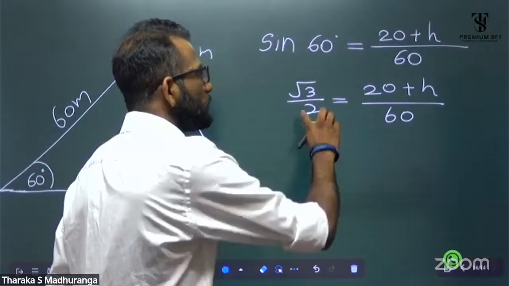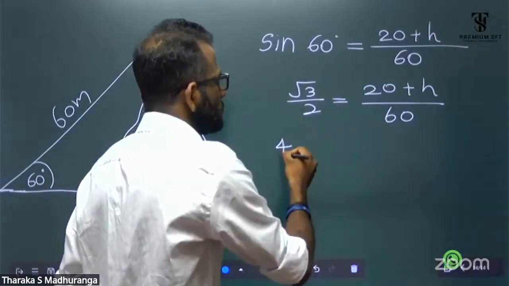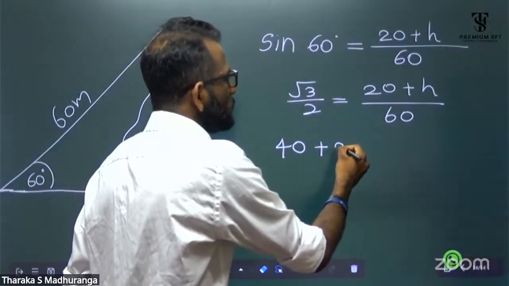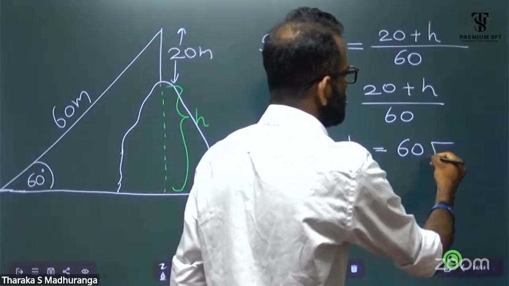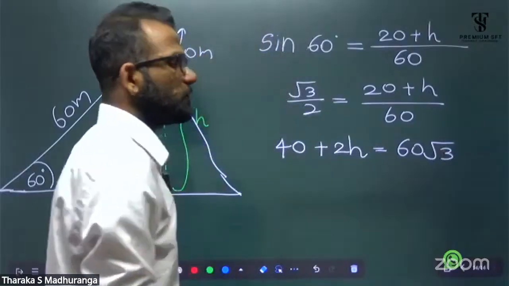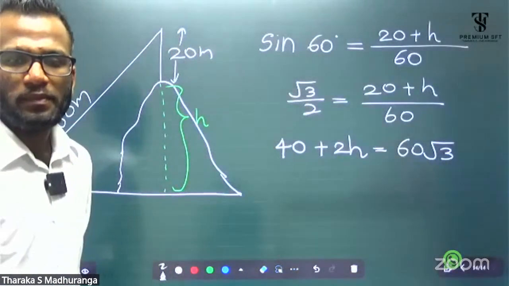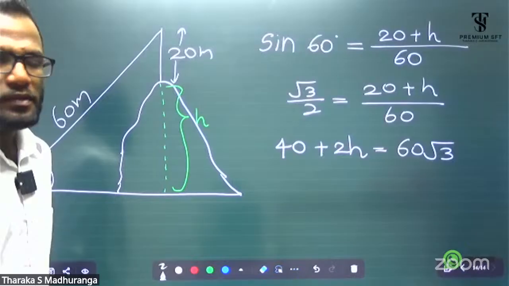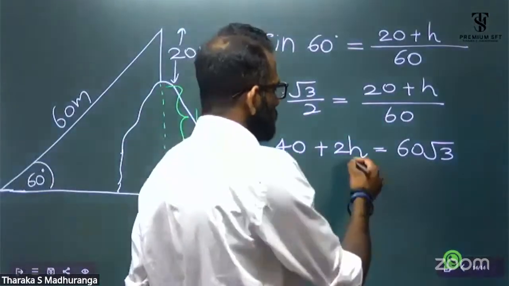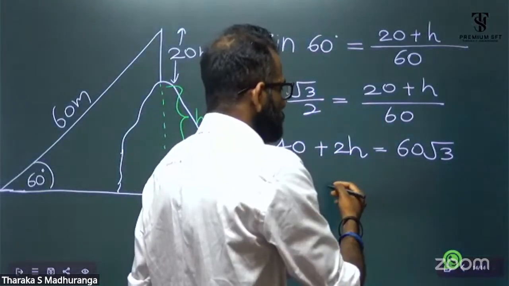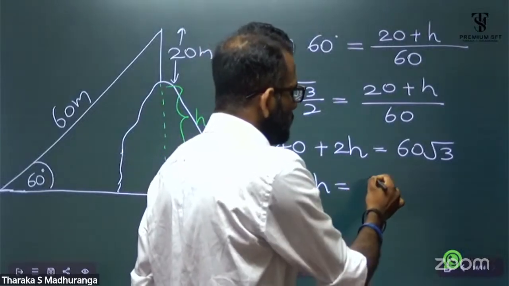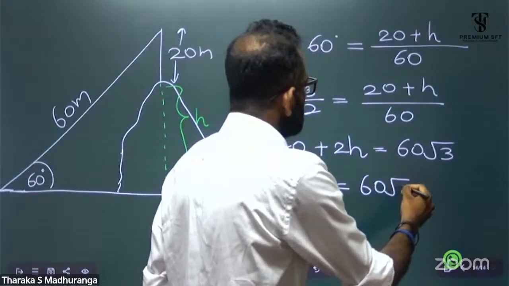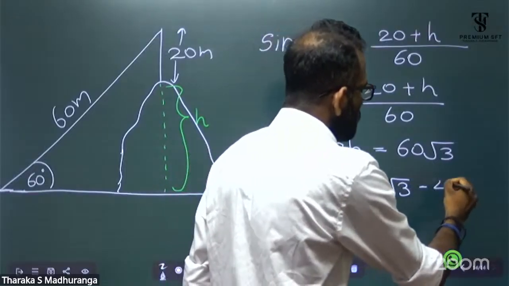Cross multiplied: 40 plus 2h equals 60 root 3. Now what to do? I want to isolate h. Therefore, 2h equals 60 root 3 minus 40.